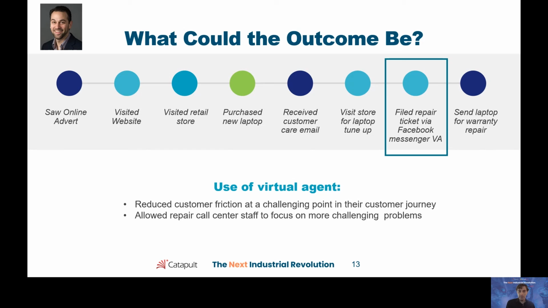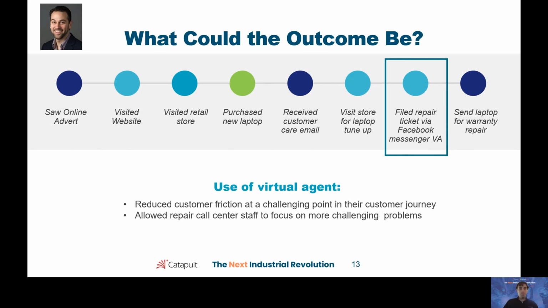So back to Matt's story, Matt and his customer journey. What would the outcome here have been? So let's say Matt loves Facebook, and Matt was going to come and complain on your Facebook page that his machine had broken down after 3 months. He's not a happy bunny. But what can now happen is that your virtual agent can be there potentially on your Facebook page or somewhere else, and he can use that, where he currently is, to go ahead and fix his problem.